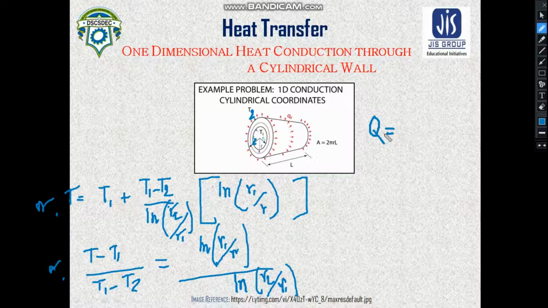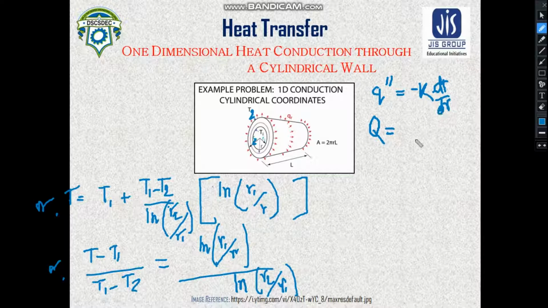So we are discussing heat conduction for cylindrical coordinates, where heat is transferred only in the radial direction. So this heat flux will be minus k dT with respect to dr.